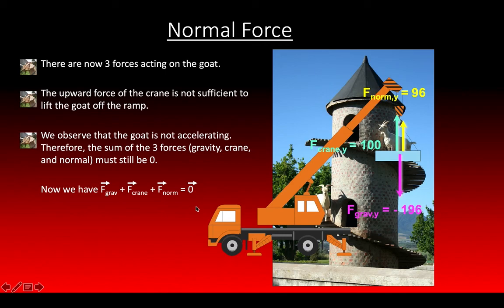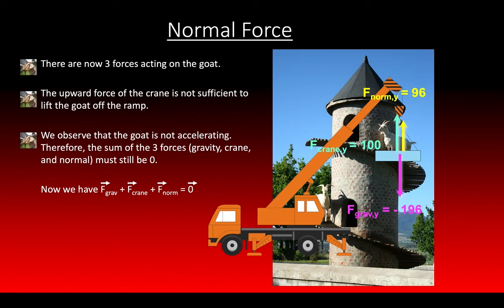However, I want to now extend this idea one bit further. In these two scenarios we have considered, the goat was not accelerating at all. So the acceleration of the goat was 0, and as a result of acceleration being 0, F net must be 0 as well.